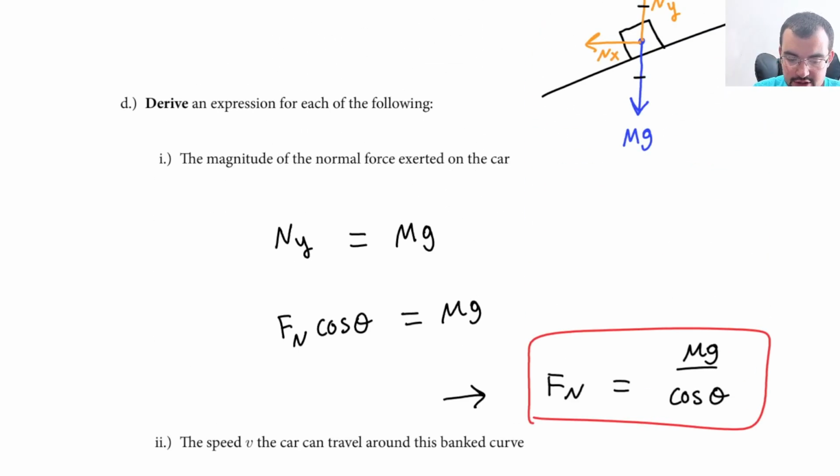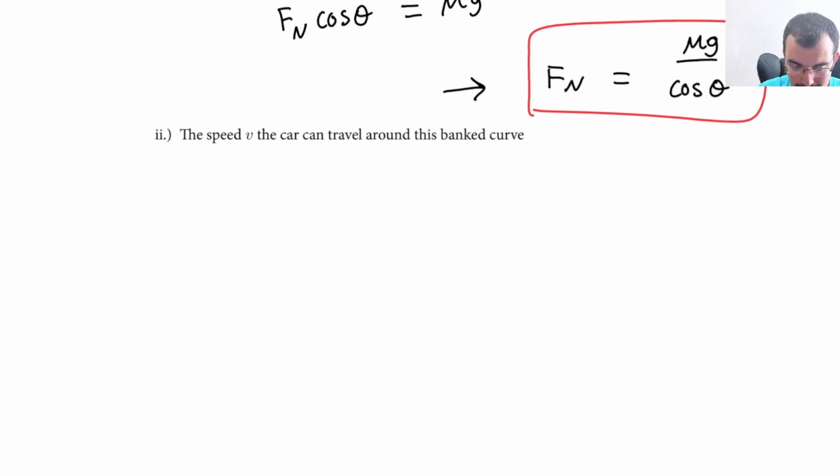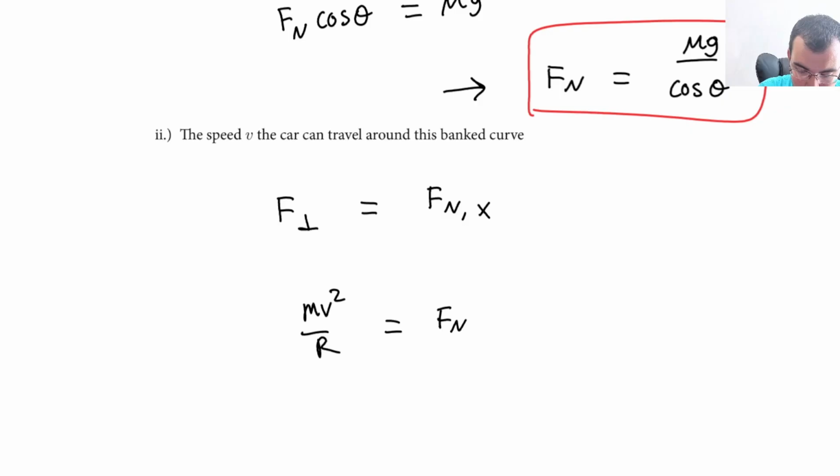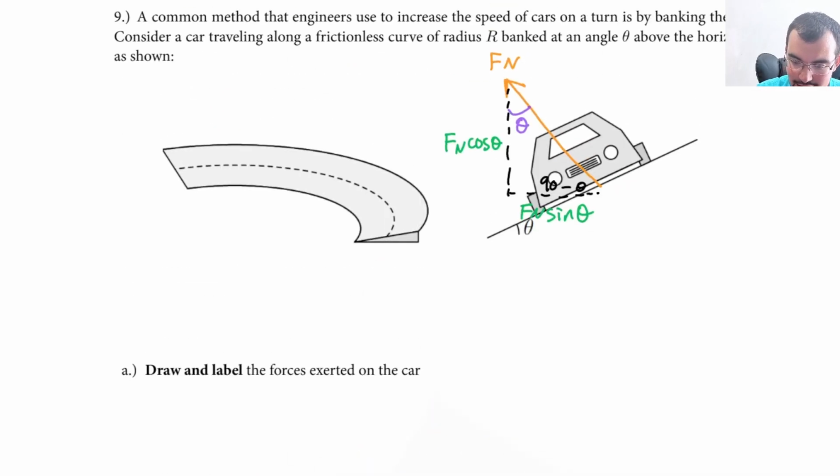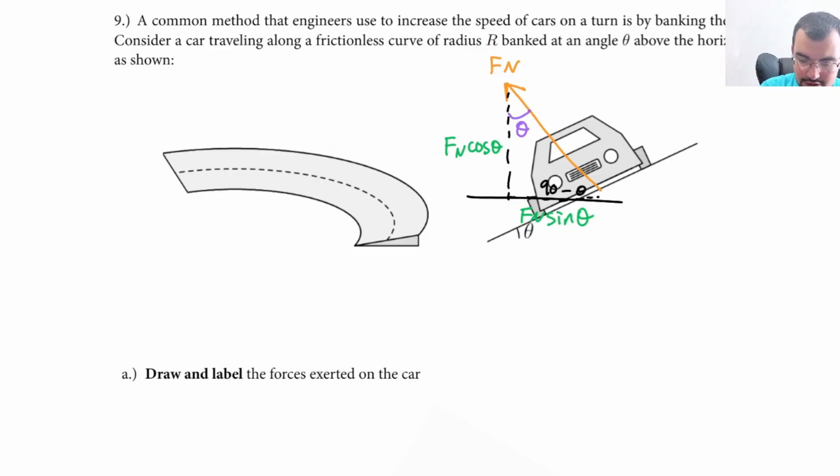All right, let's find the speed the car can travel around the banked curve. So we said that the perpendicular radial net force is being supplied by the x component of the normal force. So mv squared over r is equal to Fn times sine theta, right? Fn sine theta was this x component that's doing the pushing towards the center.